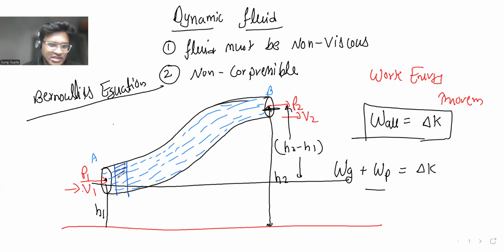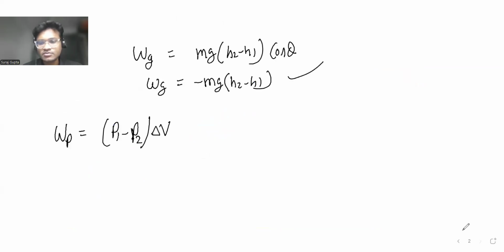That is going to be your change in volume. At this particular time, liquid will flow from here to here, and this volume is going to be equal to delta V only. So work done due to pressure is (P1 minus P2) times delta V. This is your equation number 2, and this is your equation number 1.